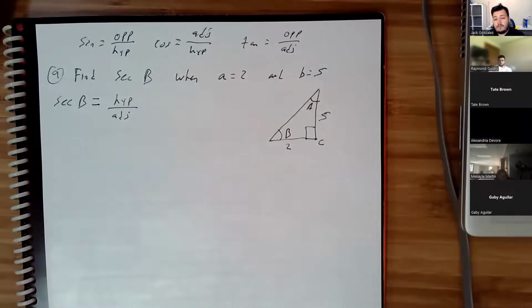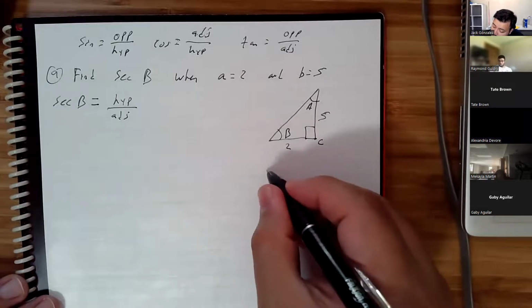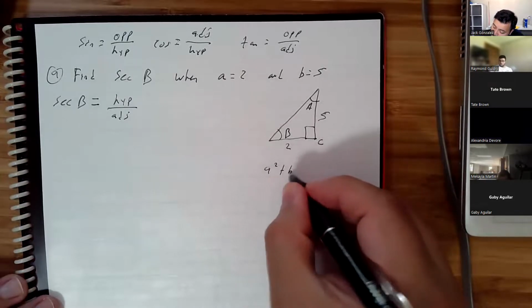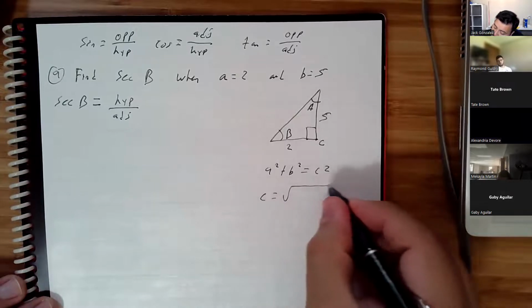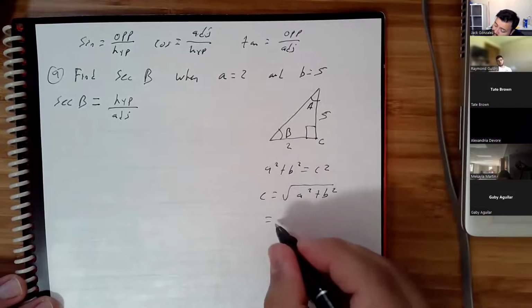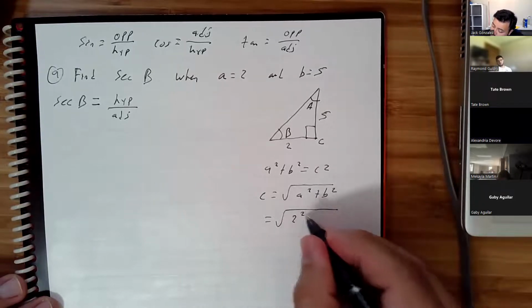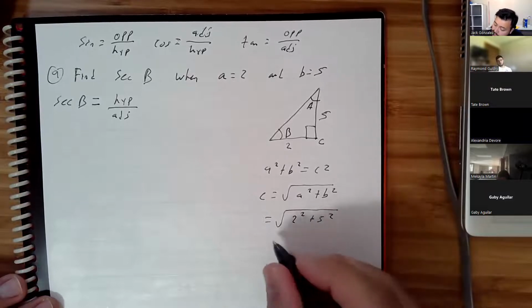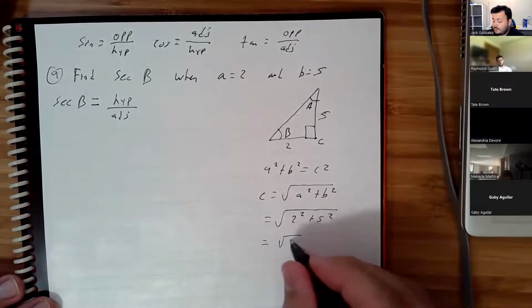Okay. We do not have the hypotenuse, do we? So we have to find it. So a squared plus b squared equals c squared. So that means that c is equal to the square root of all this garbage, which means that it is equal to the square root of 2 squared plus 5 squared, which is 29, right?